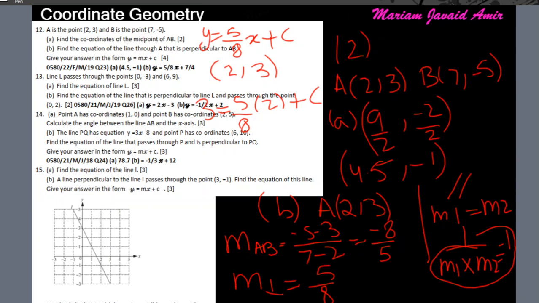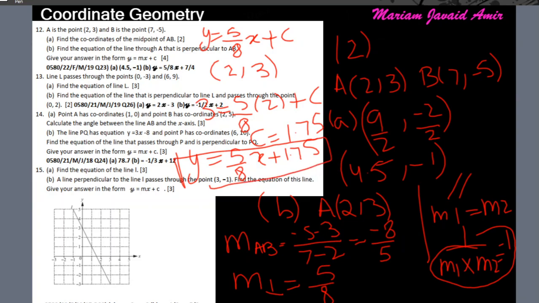Yes. So c is 1.75, so in the end I will get y equals 5 over 8 x plus 1.75. This is the answer for question 12 and part B, and it's the same as this. And it's better if you're writing 5 by 8, you write 7 by 4 here instead of 1.75.